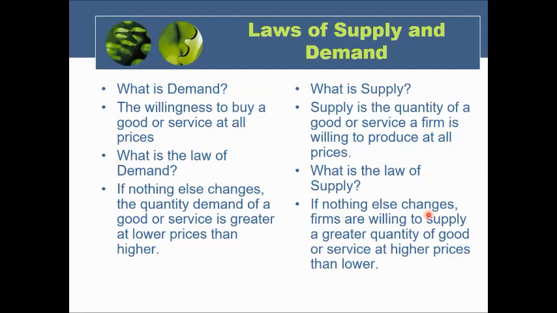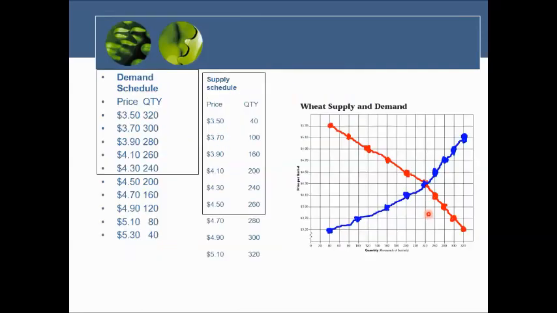If you recall the supply schedule, at the price of 350, the quantity is lesser. Then at a higher price, the supplier is willing to produce 320 units at the price of 5.1 dollars.